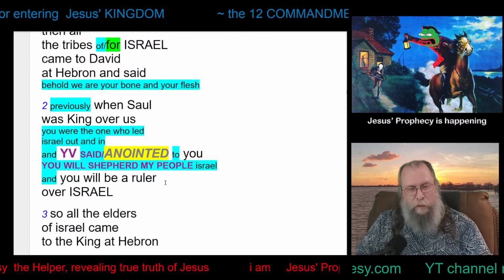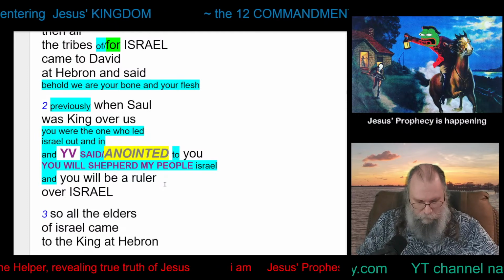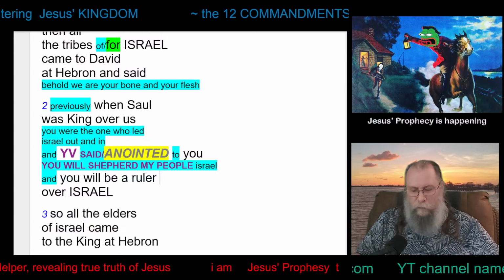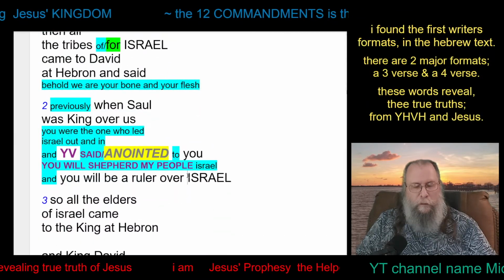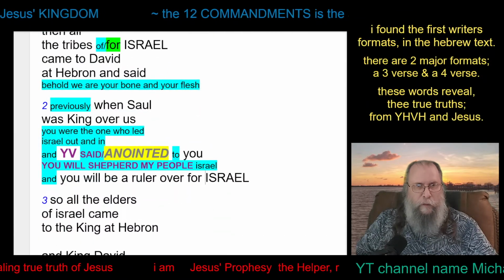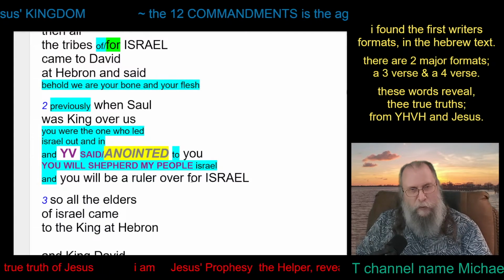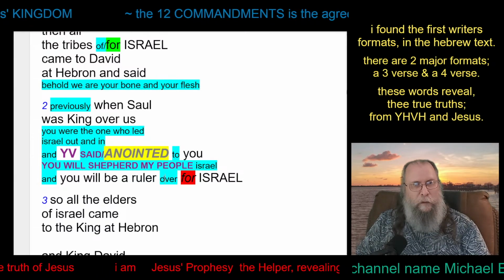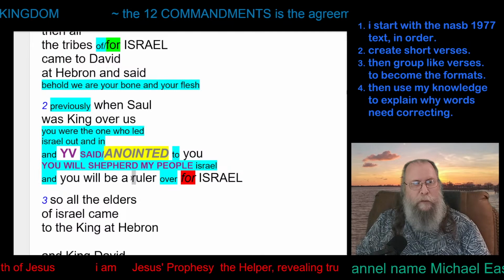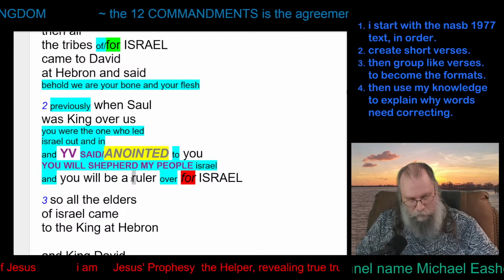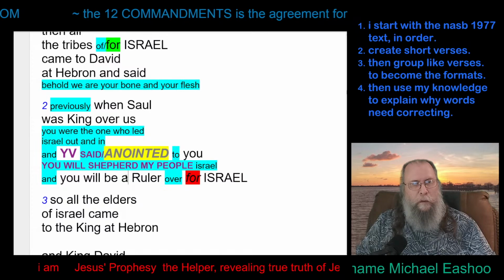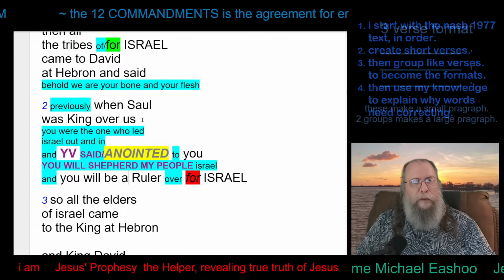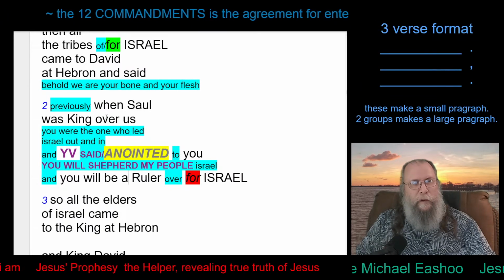You'll be ruler for Israel. Now that's more correct and truthful. You will be ruler. A ruler for Israel. Okay, now that's really good.